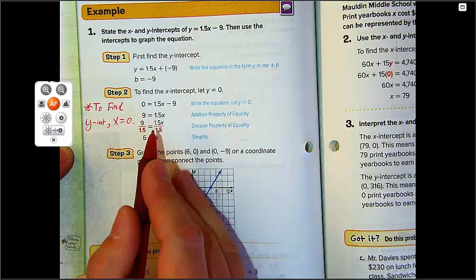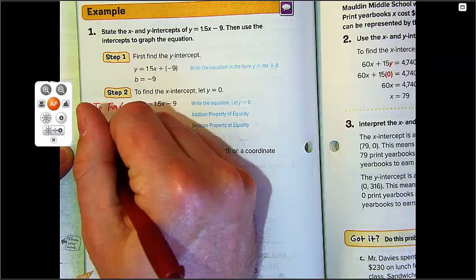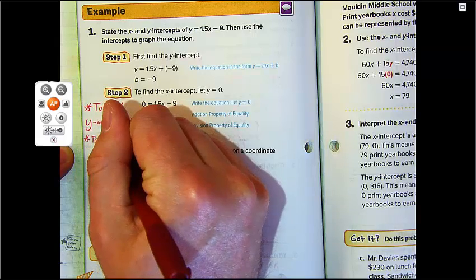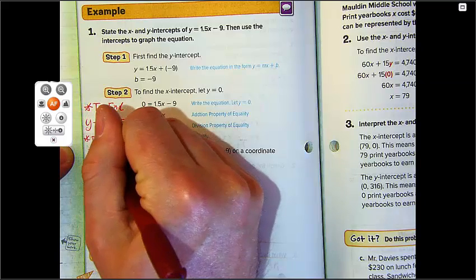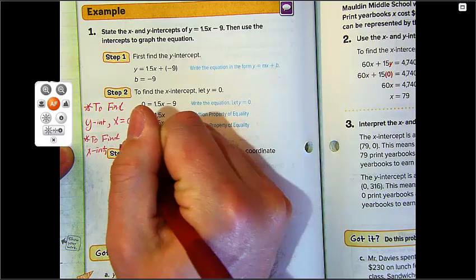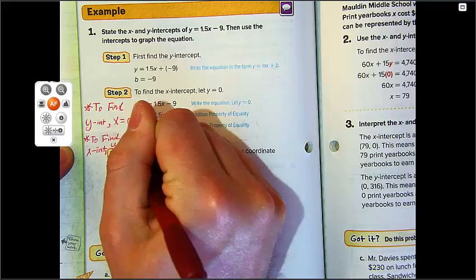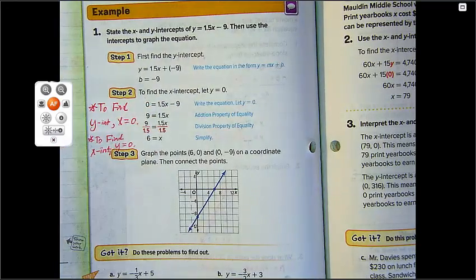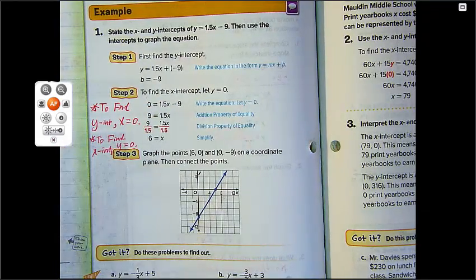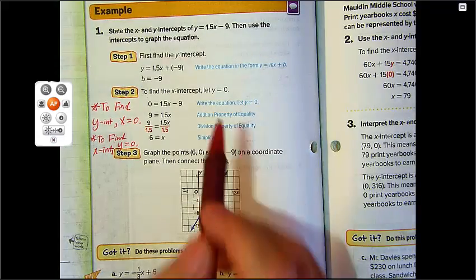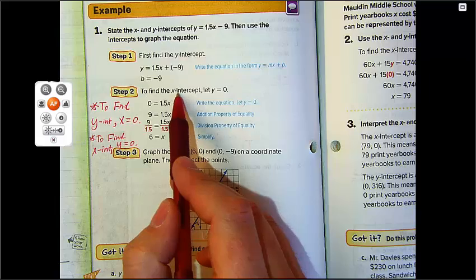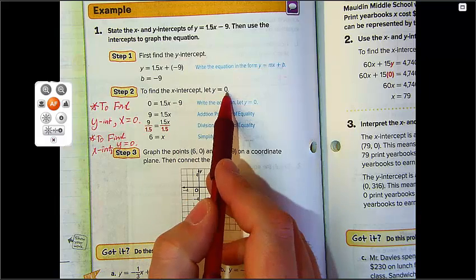Then, another star underneath, to find x-int for x-intercept, y has to equal 0. So basically, whichever one you want to find, you make the opposite one 0. In this case here, it says, let's find the x-intercept, so let y be 0.